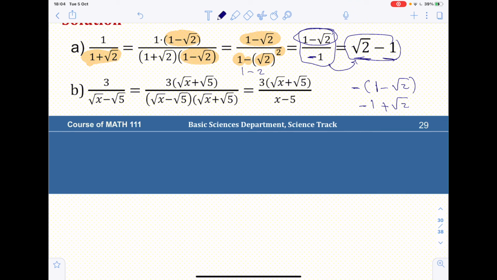Same thing here: I have root x minus root 5, so I multiply up and down with root x plus root 5. Now the numerator is the same, and the denominator is root x squared, which is x, then minus root 5 squared, which is 5.